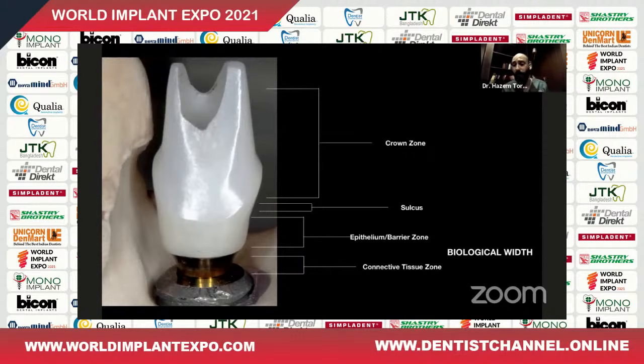We want tissue on the abutment. We want bone on the implant and tissue on the abutment. So the role of the implant design is to be optimal for attachment and integration to bone and not to tissue. The role of the abutment on the other side is to provide optimal attachment to soft tissue.